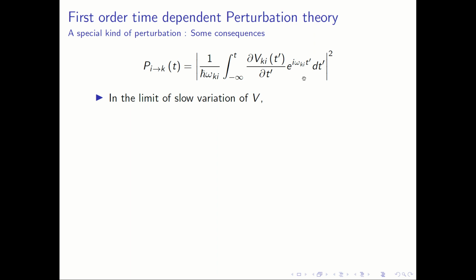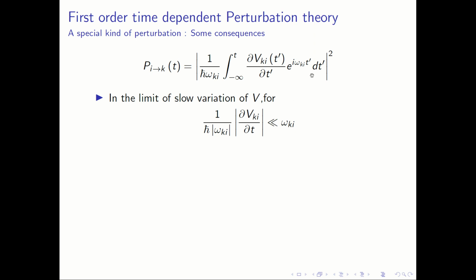And that means, since the sinusoid is of the order 1, the probability of transition from i to k will essentially be much smaller than 1 if 1 by ħ mod ω_ki, the mod is important because ω_ki may very well be negative, times the magnitude of the rate of change, is much smaller than ω_ki throughout.